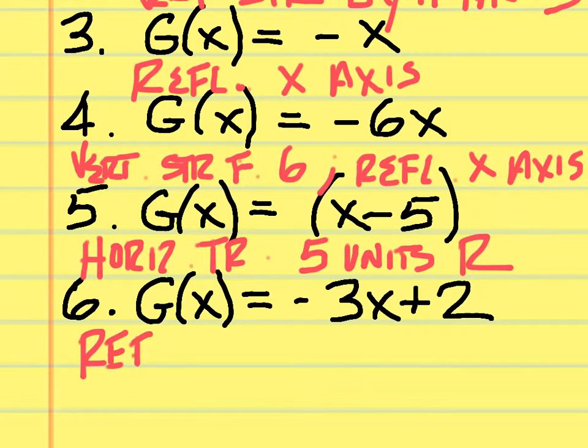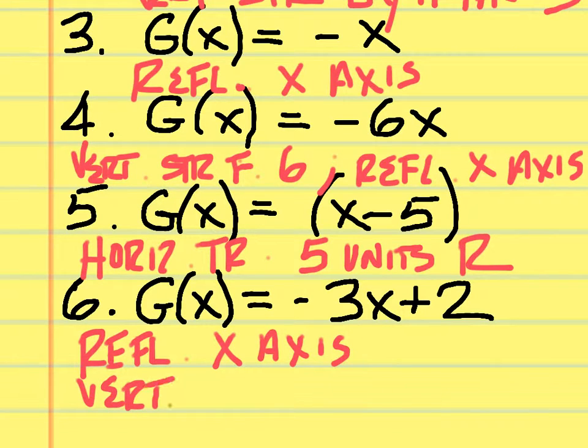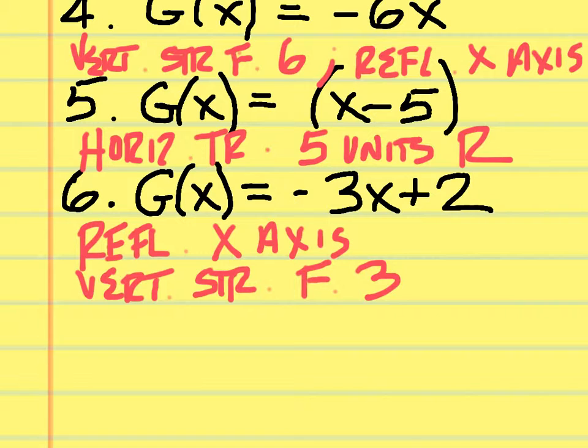That's right, there's a reflection across the x-axis. What's the other one? Vertical stretch, right. By what? By a factor of 3. And what else is going on? Yeah, a vertical translation, like 2 units up. A vertical translation 2 units up, right.